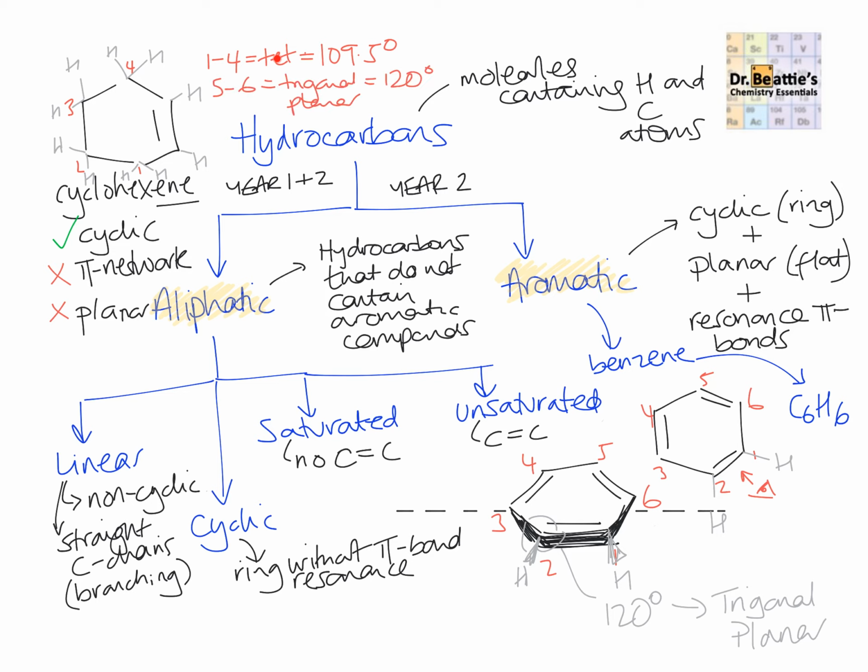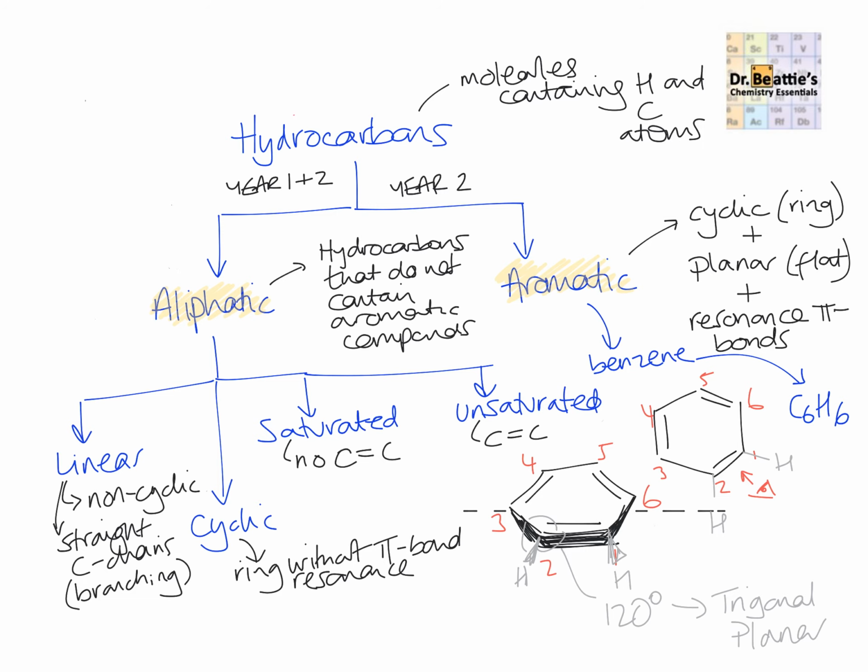So carbons 5 and 6 are flat because they're both trigonal planar, but carbons 1, 2, 3, and 4, because they're tetrahedral at 109.5, are not flat at all, and so we don't have that planar cyclic network. This is why we allocate it as aliphatic. It's unsaturated because it's got a carbon-carbon double bond, and it's cyclic. It can't fill the criteria to be aromatic or a benzene.